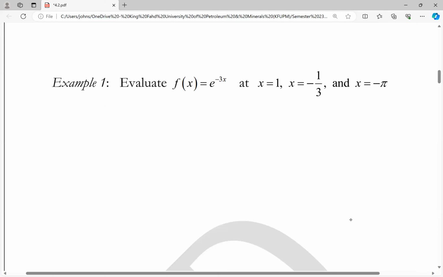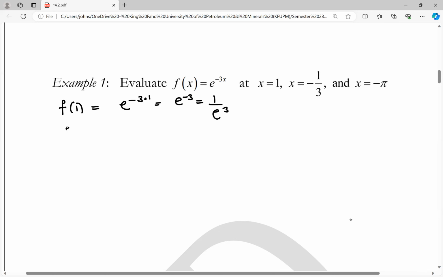So here we have to evaluate these functions given these values. If you want to find just f of 1, what is f of 1? f of 1 is just e to the power minus 3 times 1, which will be e to the power minus 3, which is just 1 over e to the power 3.